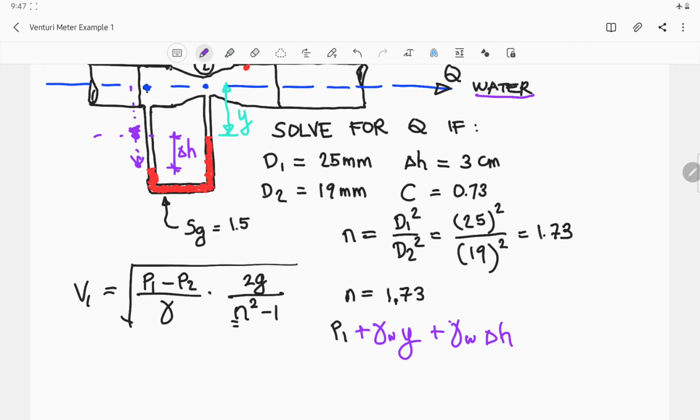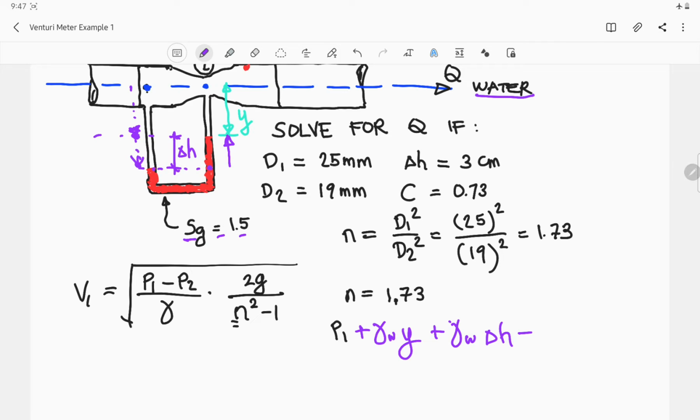Okay, and then from here, since they are level, from here going upward, that's gamma of, I don't know what that liquid is, but its specific gravity is 1.5. Since we are going upward, it's minus, it's negative.